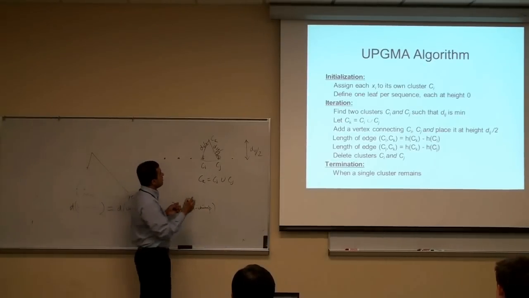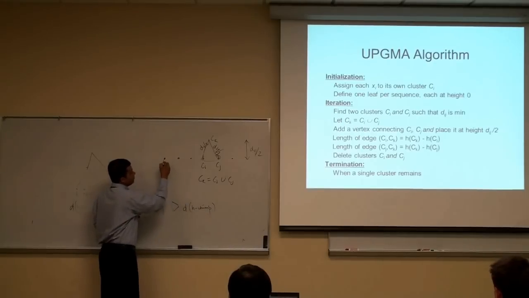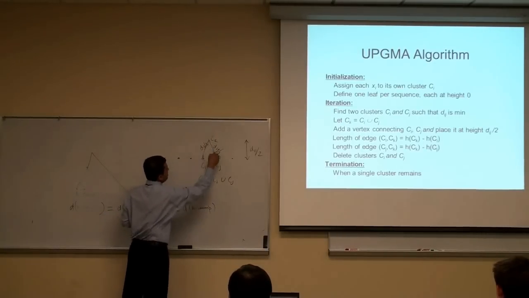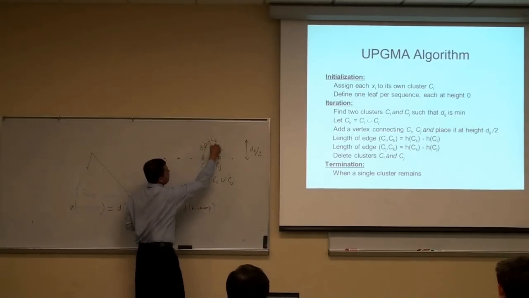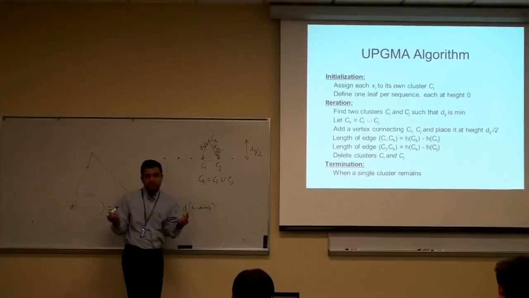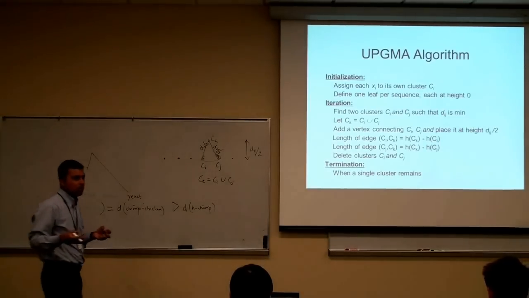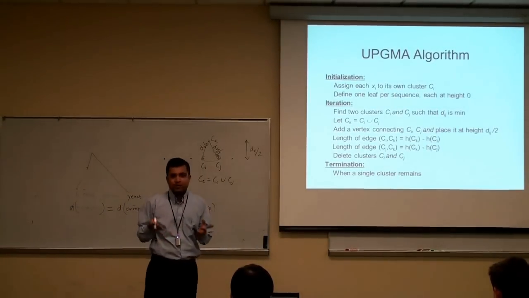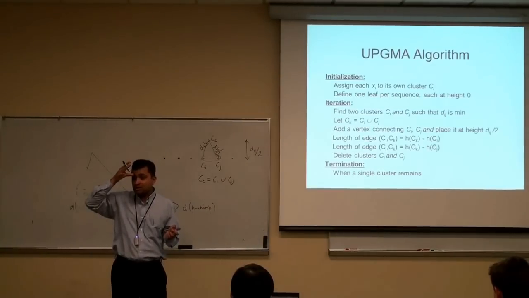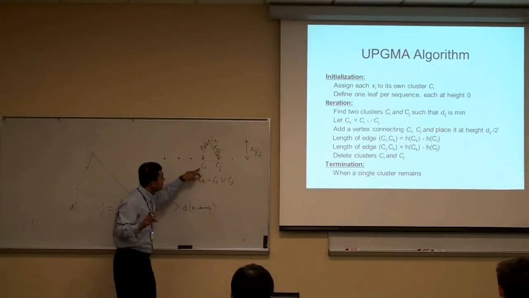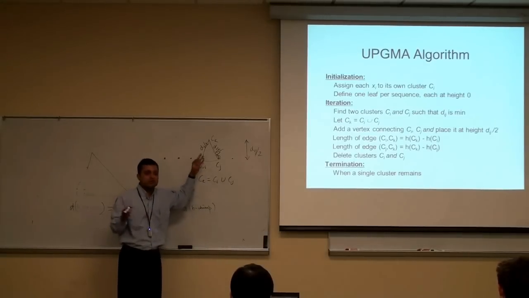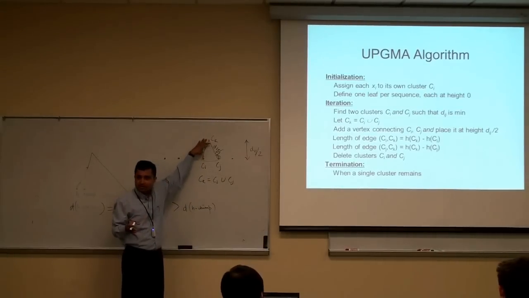So now there are 1, 2, 3, 4, and 5 units to work with, right? And again, just like you did in the homework, you'll compute pairwise distances now with no row and no column for CI and CJ, but with a row and column for CK.